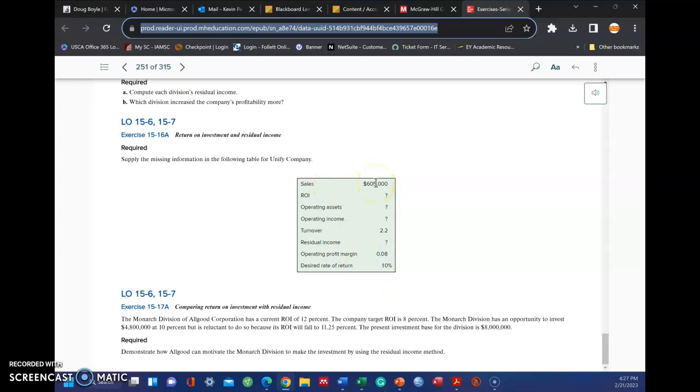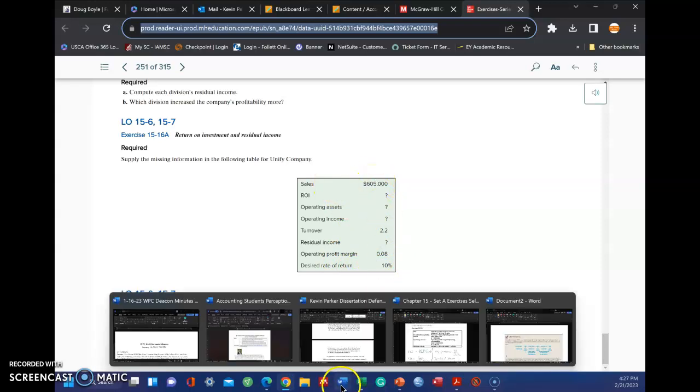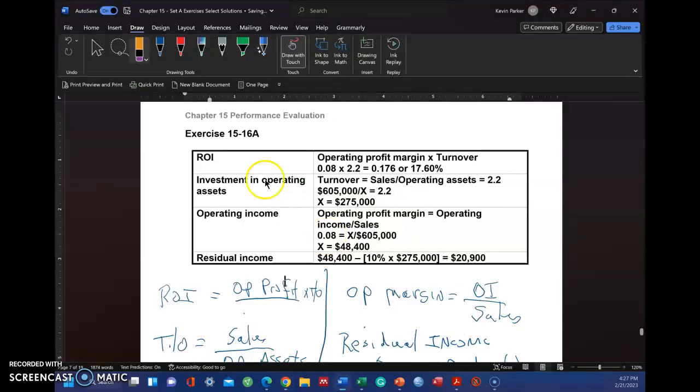So I think we have enough to calculate. Let's go over to the solutions and look at it together. The return on investment is the operating margin times the turnover rate. The operating margin was 0.08, turnover was 2.2, multiplied together, and you get 17.60.